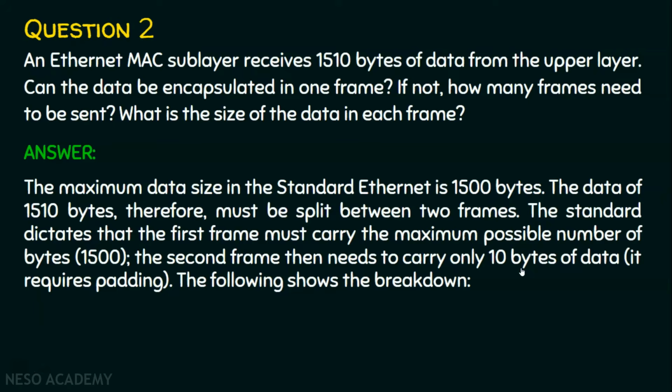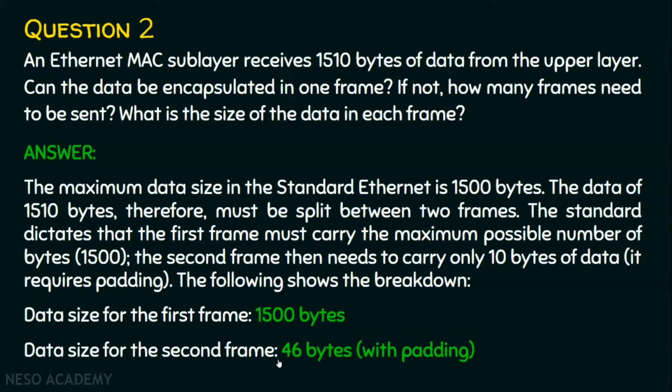So what we need to do is append 36 more to this 10 bytes so as to make 46 bytes. So it requires padding. So the answer for this part: how many frames need to be sent? There are 2 frames. And what is the size of the data in each frame? We know the data size for the first frame is 1500 bytes, and the data size for the second frame is 46 bytes, not 10 bytes.